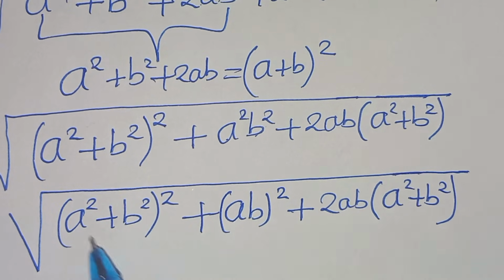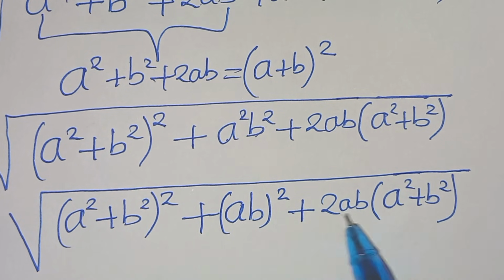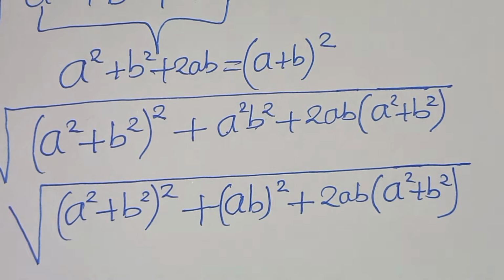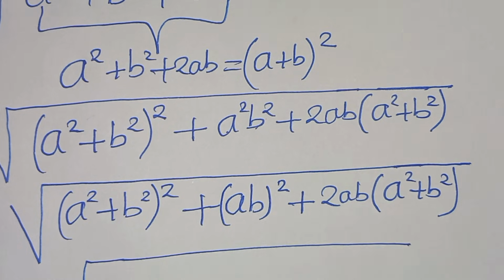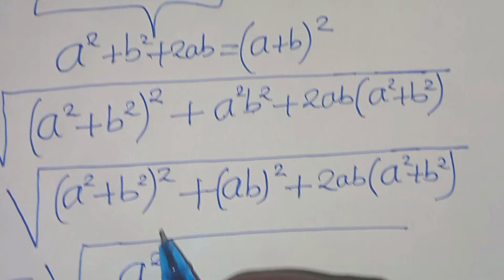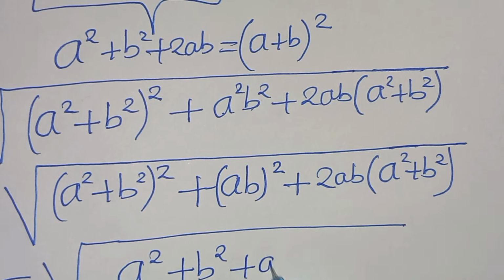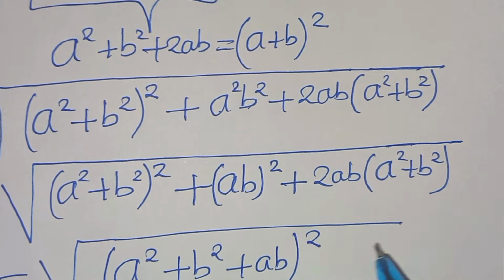So again, we can express this as the square root of a squared plus b squared plus ab, everything here raised to the power of 2.